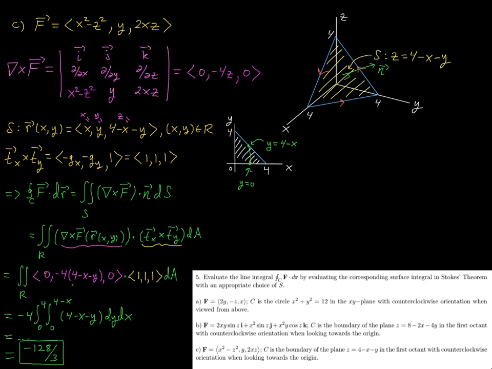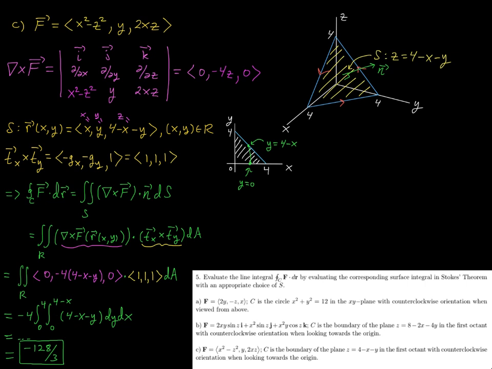Then we dot that with the normal vector (1, 1, 1). That dot product gives us negative 4 times (4 minus x minus y), and I'll put the negative 4 out in front.